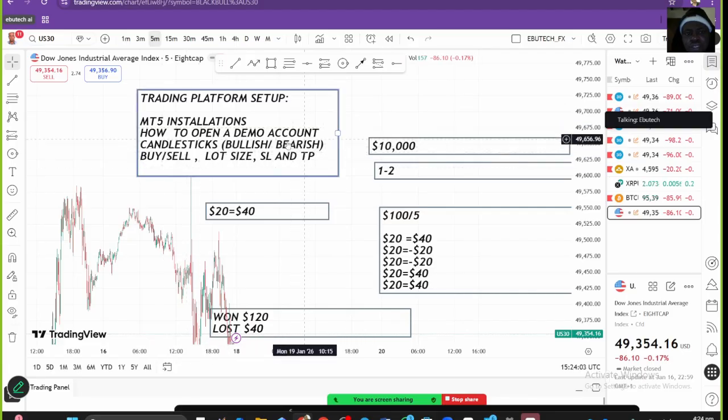The candlesticks, the bullish and the bearish, that's the same thing as buying and selling. Then I've talked about the lot size, and I also talked about the stop loss and the take profit, right?